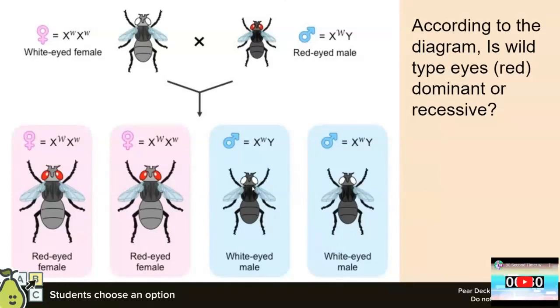Here, her sons, the male offspring, will express that X-linked trait because they only inherit one X from the mother. Whereas the females, they will inherit the mutated X from the mother, but they also inherit a normal type X from the father, which shines through. It is dominant to that recessive linked trait.